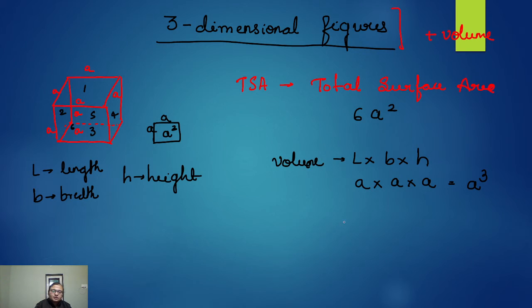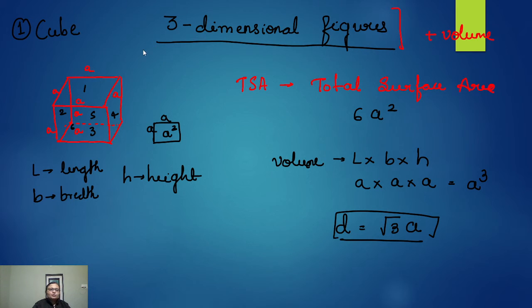Now for the diagonal, it is three-dimensional, so we have root 3. You just remember this, it is root 3 A, the diagonal of a cube.